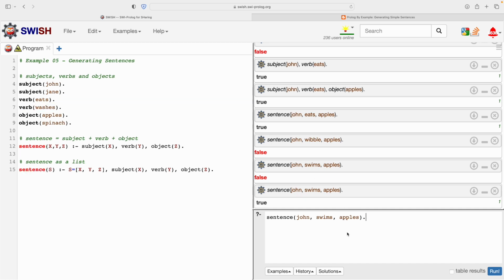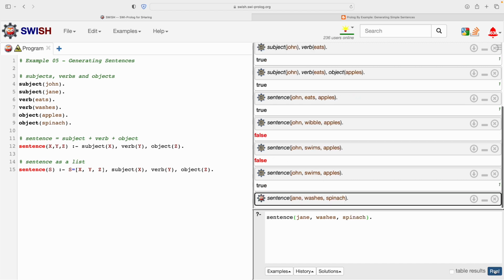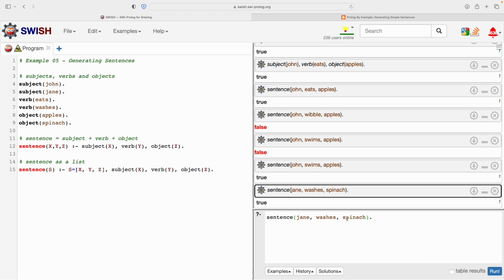Great. So this is a way of testing whether a sentence made of 3 words like Jane and washes spinach, whether that's a well-formed sentence. True, that works.